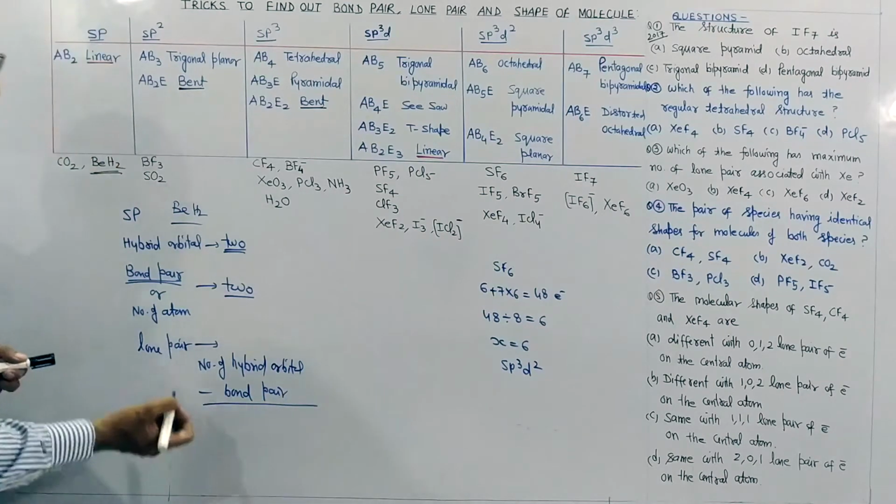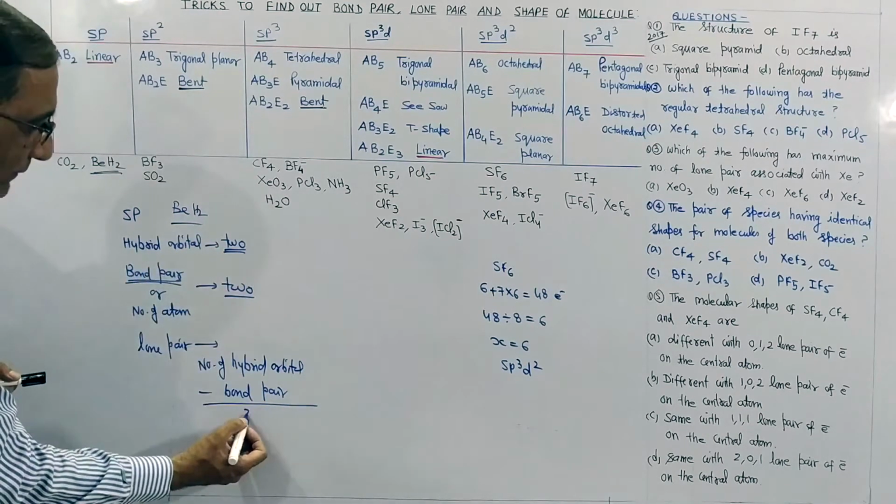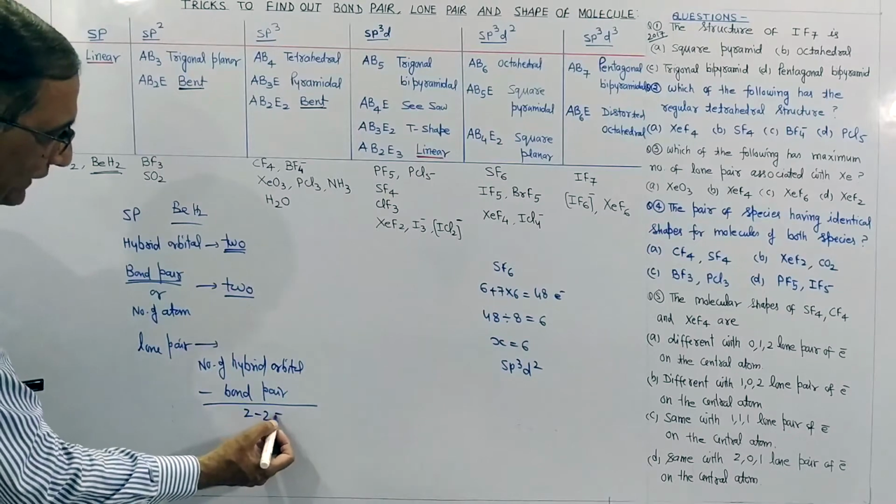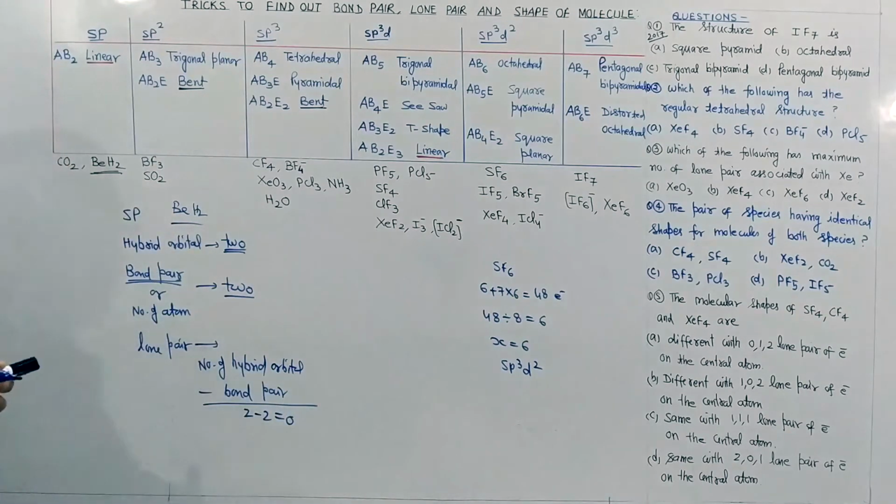So hybrid orbitals are 2 and bond pair is also 2. So there is no lone pair in this. With the help of this knowledge, you can find out the bond pair, lone pair and shape of the molecule.